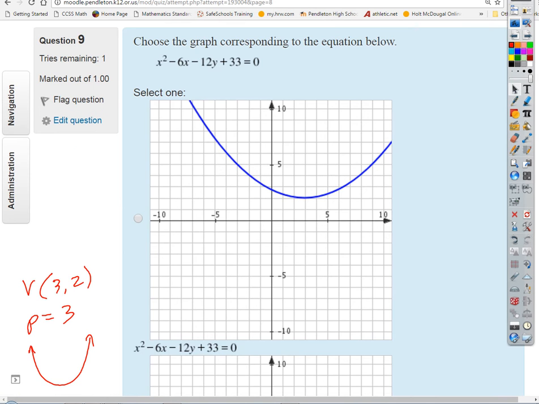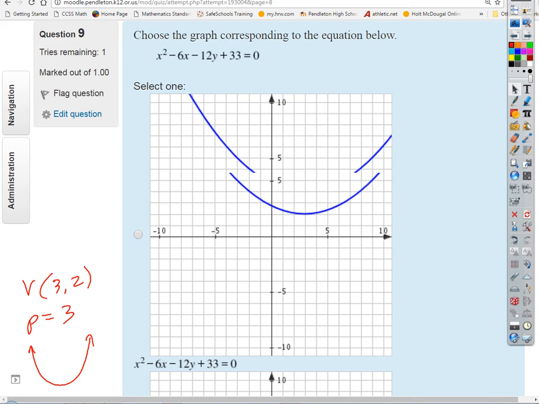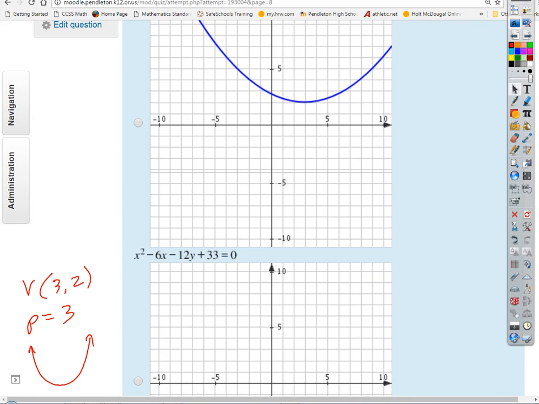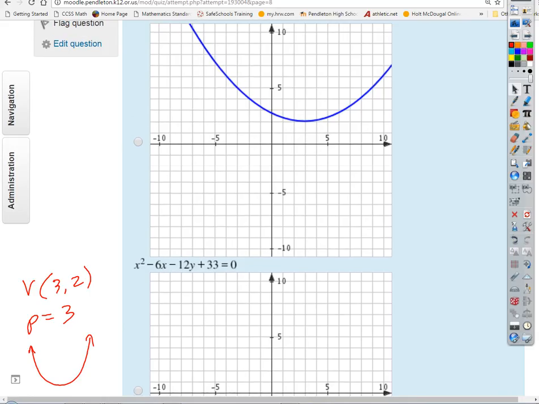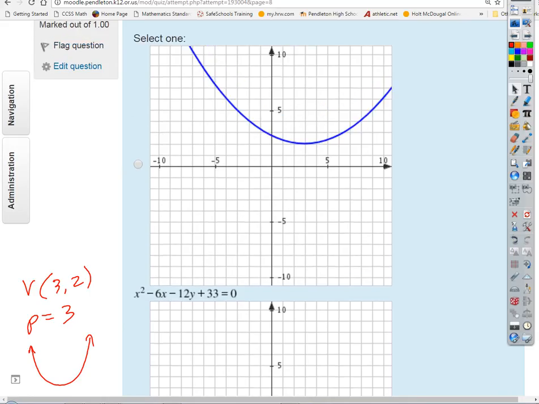Let's see, so one. No, that's not it. 3, 2, oh, hold on, that is it. No, it isn't. Yeah, that is it. Right? Over 3 and up 2, and they don't even give us the focus, so all we have to know is is it opening up or down? And it opens up, so that's it. It's the first one. Right?